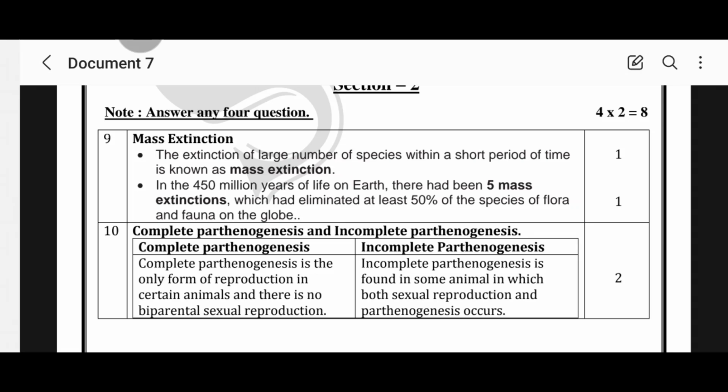So mass extinction means a large number of species becoming extinct in the world within a short period of time.